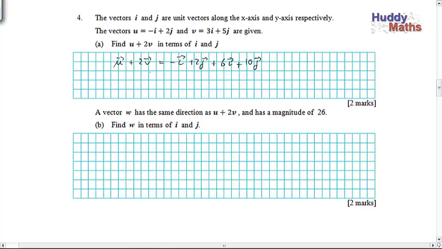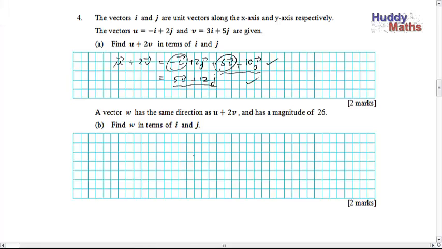Multiplying by a scalar, multiply both the components. Let's collect up the -i and the 6i. That's 5i. 2j plus 10j is 12j. So that's your answer there. The first mark is for that line, for multiplying v by 2 and adding it up, and 1 mark for that line.